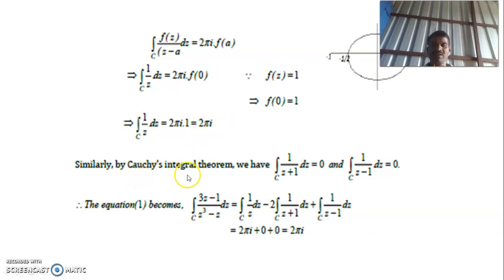Similarly, by Gauss's integral formula, the second and third integrals are 0. So of the three integral results, the first result is 2 pi i, and since minus 1 and plus 1 lie outside, definitely these two integral results are 0 by using Gauss's integral formula theorem.